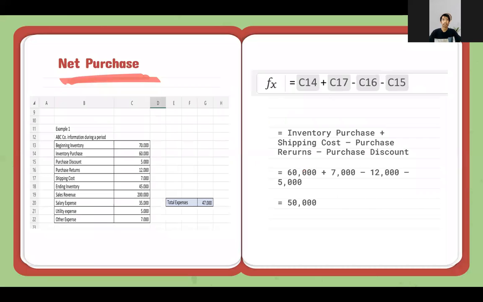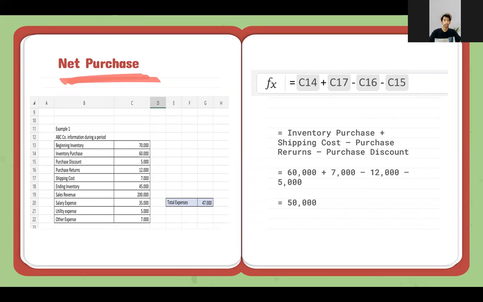Here is the solution. To find the net purchase, we need to calculate the inventory purchase plus shipping cost minus purchase return and purchase discount.